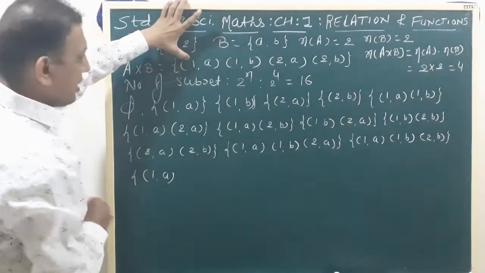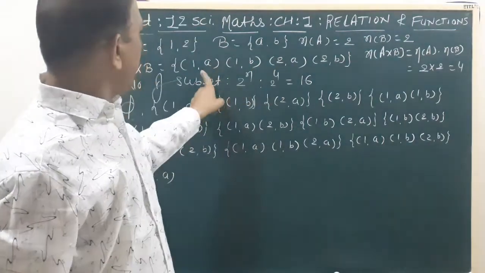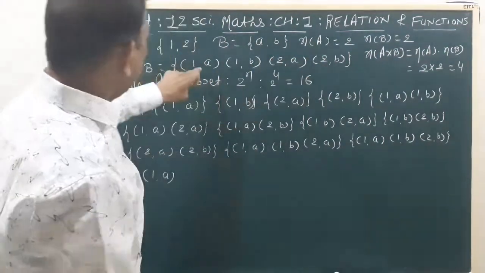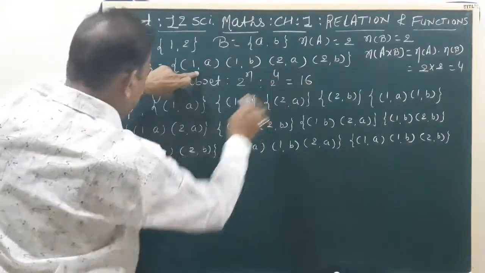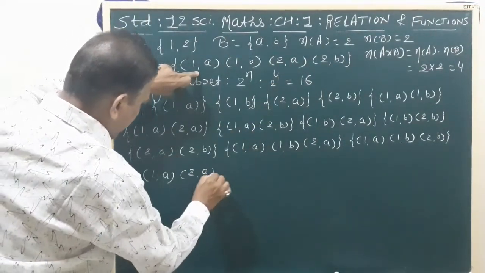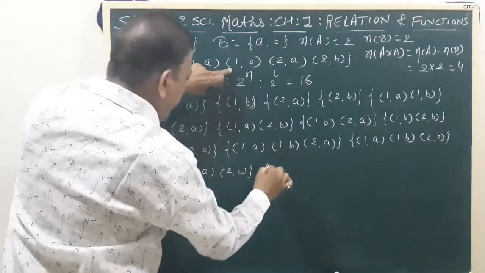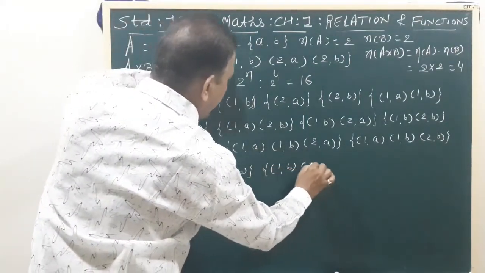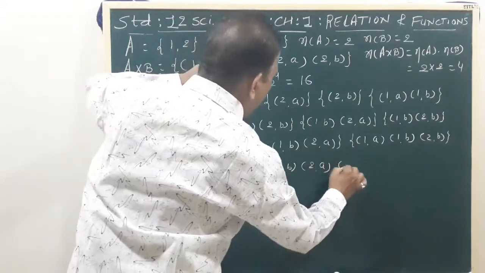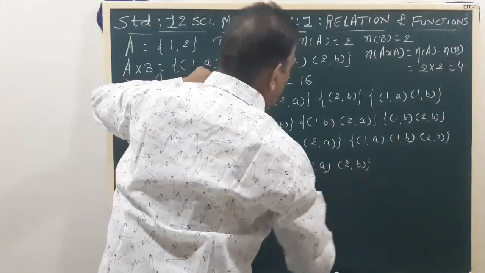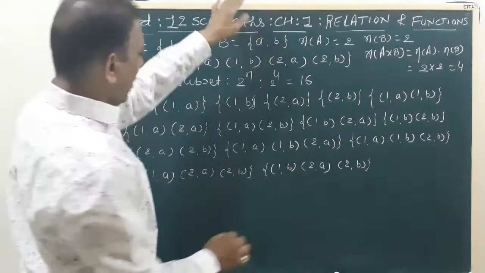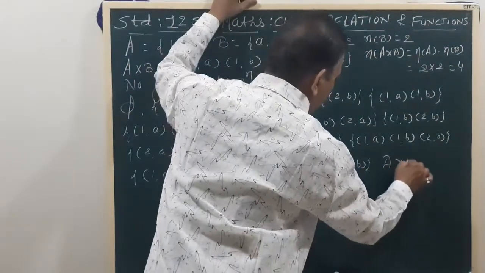Again repeat: (1,a), (1,b), (2,a); (1,a), (1,b) and (2,b). Right. Now (1,a) is fixed again: (1,a), (2,a), (2,b). Now (1,b) is fixed: (1,b), (2,a) and (2,b). Okay. And the last one, all the ordered pairs of A cross B.